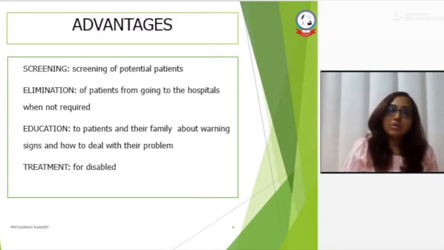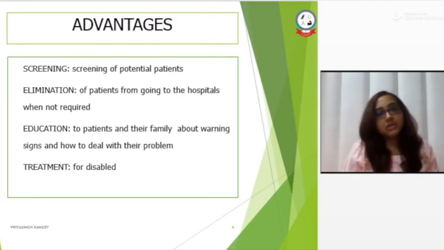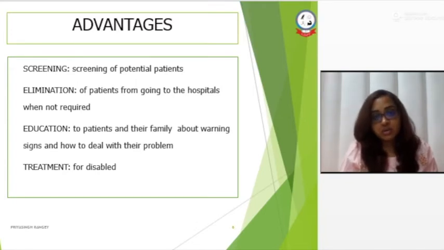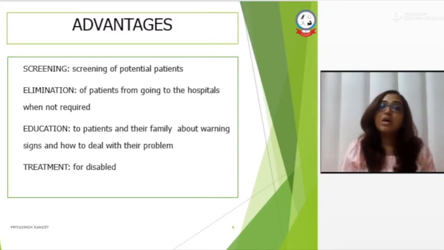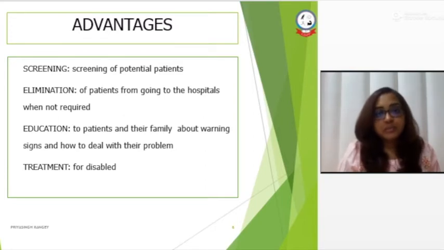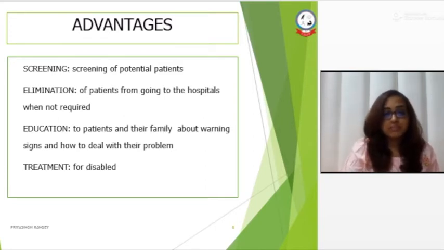We can warn them about the different signs and symptoms of the different diseases, what can be done to prevent certain disorders, and if the disorder has already taken place, if the patient is suffering from disability, how to deal with that problem. That can be educated to the people, and also we can provide treatment for the disabled patients.